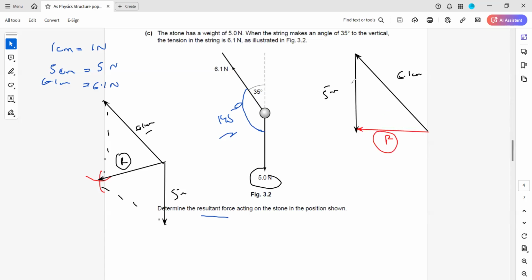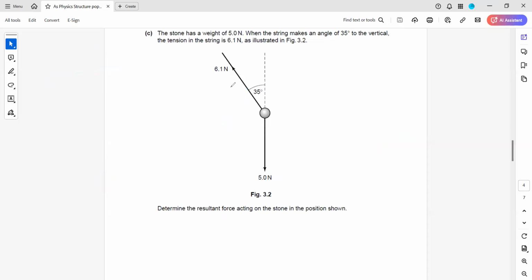Okay. There's also another method. You can also use a calculation method as well. First, you will work out the horizontal and the vertical component. Resultant force acting on the stone. How to know which force to draw first? You can draw any of the forces first. It will not make a difference. For example, first you draw 5 Newton.